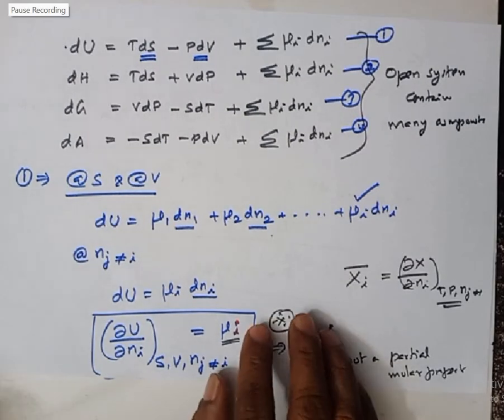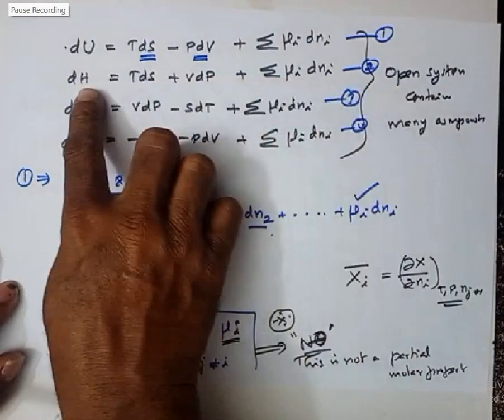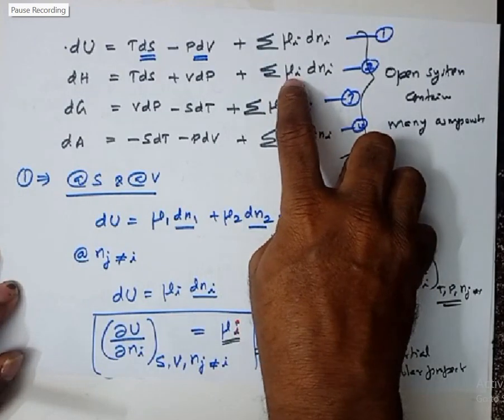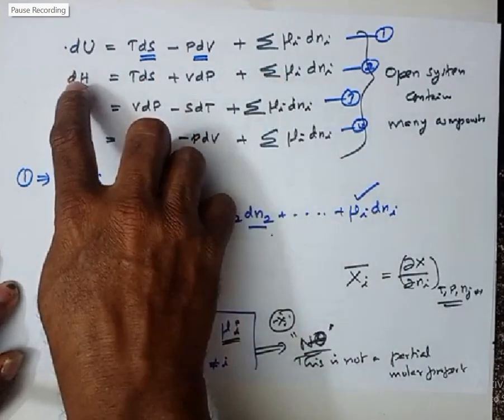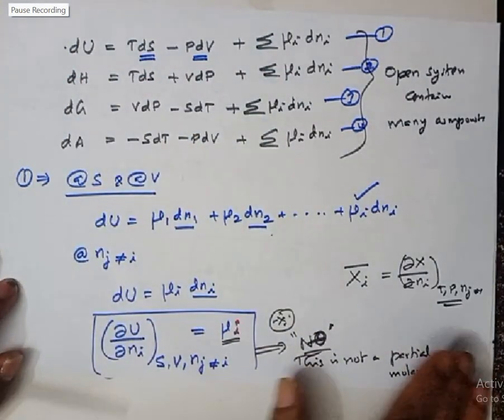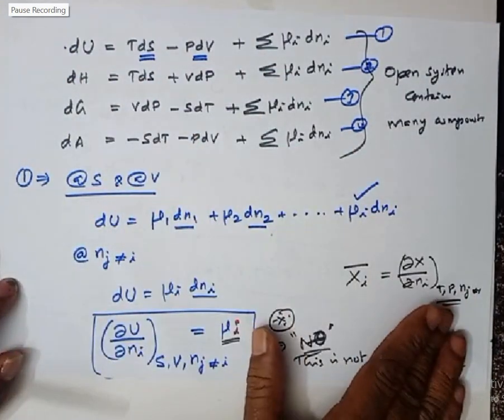In a similar manner, you take equation 2 and find an expression for chemical potential of the ith component in terms of enthalpy. You just proceed in a similar manner. I'll give you the final answer, but before that you try. Let me write, just check it.